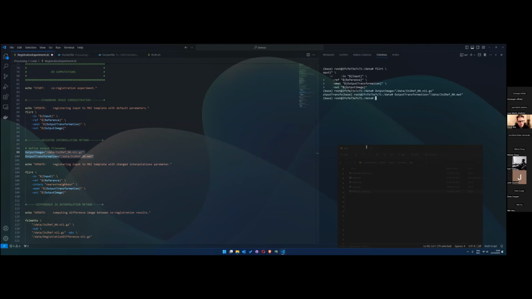The default interpolation method that is used here, and that we used before in Flirt, was trilinear interpolation. So it creates a new intensity value based on the trilinear relationship between the actual voxels that make up this new voxel. And now we're going to use a different one, and we're going to say the interpolation method that we want to use now is nearest neighbor. So we're just going to run it again, because it takes some seconds.